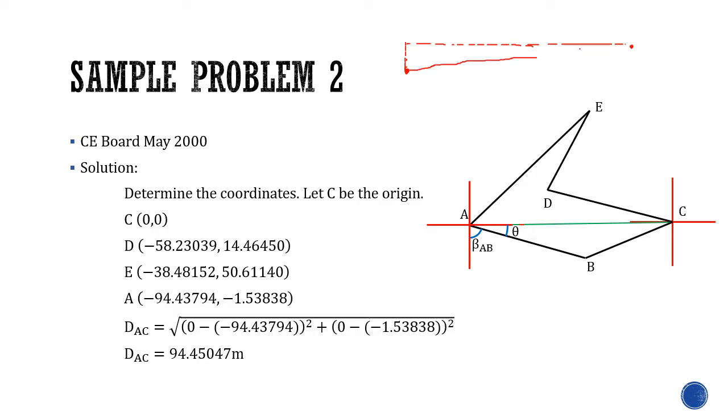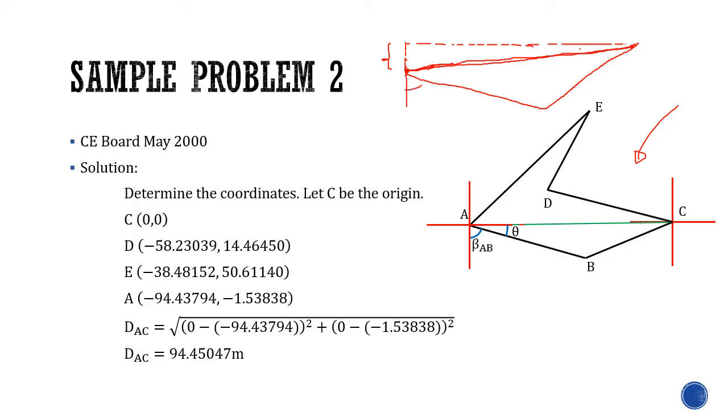Yung figure na nandito, naka-scale kasi ito, kaya tama kasi yung size nito. Kaya hindi lang natin masyado appreciate kasi maliit lang yung value nito. Okay, so anyway, ito dapat yung magiging figure if i-redraw natin na exaggerated yung inclination ng AC, no?